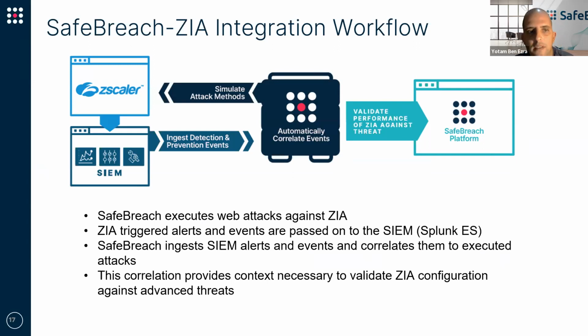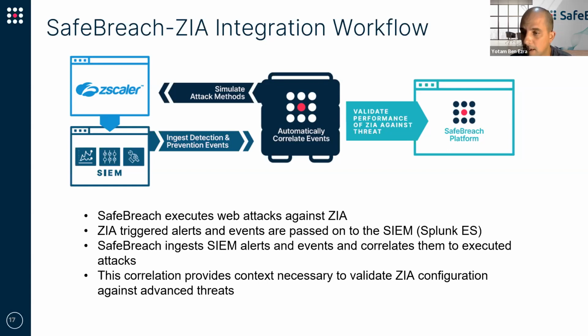The way it works is that whatever SIEM platform you're using, if you are integrated with your SIEM platform with SafeBreach, basically this integration doesn't require any additional configuration. It should be working out of the box for you, specific for Zscaler.